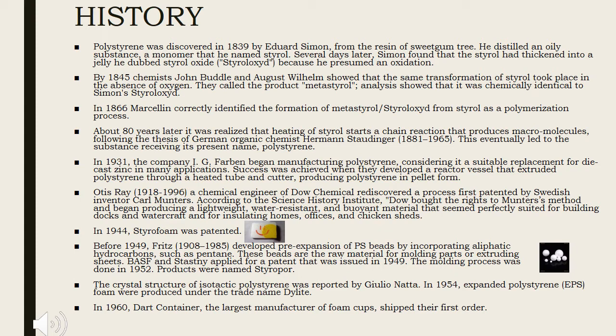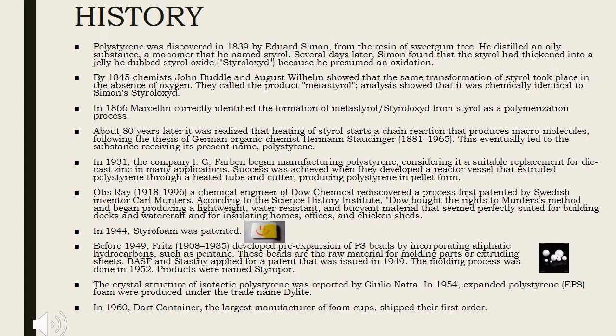He formulated a structure of polymer based on repeating units as monomers. So, about 80 years after the discovery of styrol, it was found that heating starts a chain reaction that produces macromolecules. This eventually led to the substance receiving its present name, polystyrene.